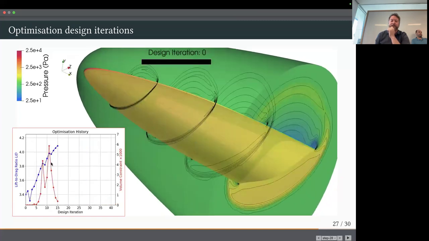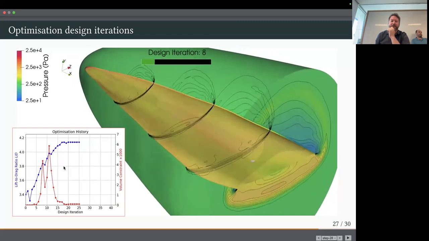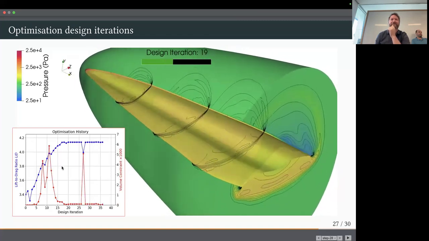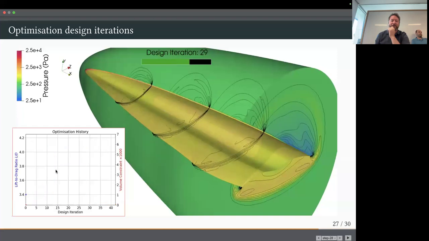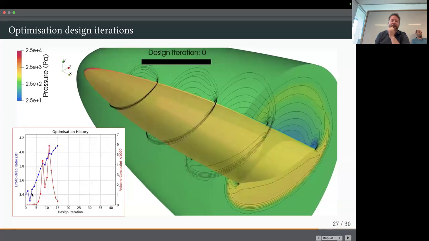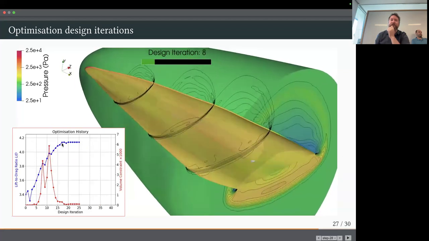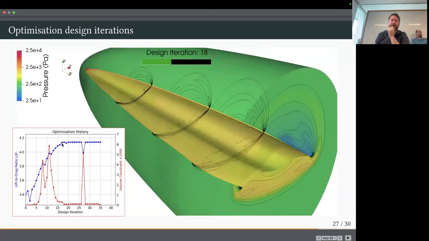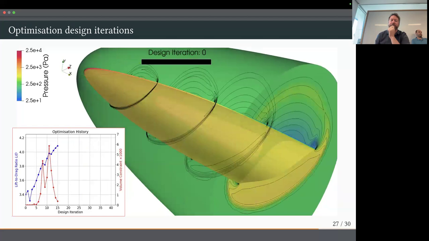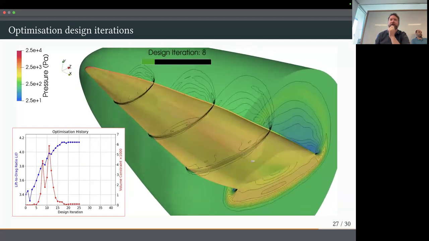You can actually see that optimization history here. It's got out of sync. But if you look at the little inset plot, the blue is showing how the lift to drag ratio is improving with time. And the red is showing how well we achieved the volume constraint. We've multiplied that by 1,000.